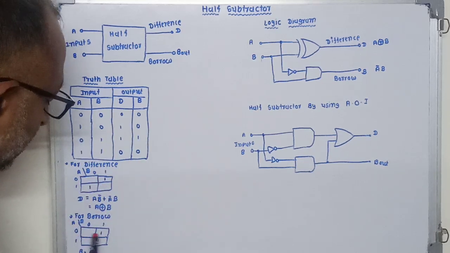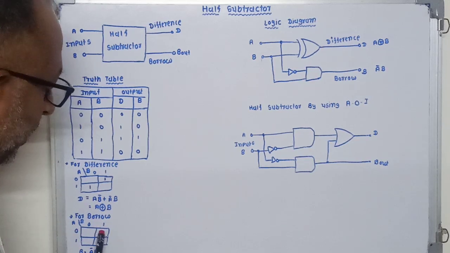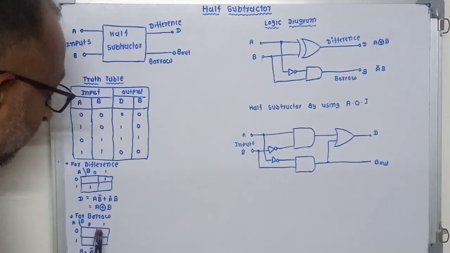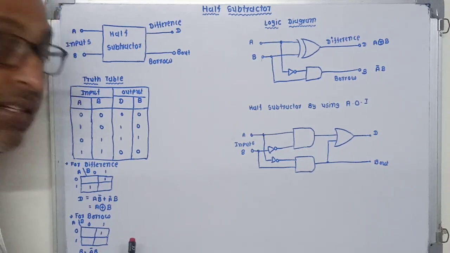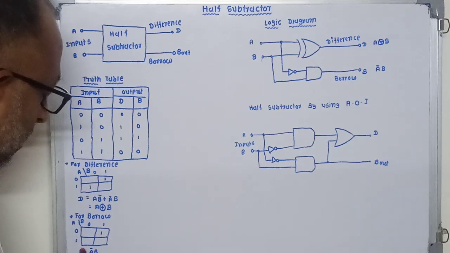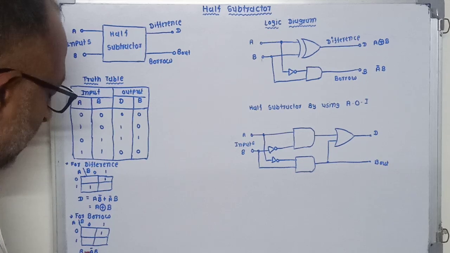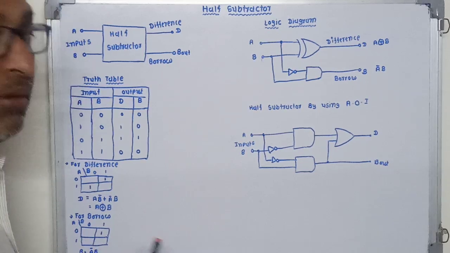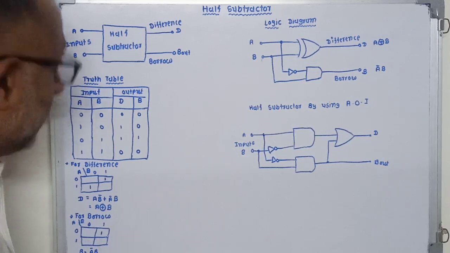So I can put 1 here, because A is 0 and B is 1. Now from this K-map we can write the equation. The output is 1 when A bar and B signals are applied. That time we will get the borrow condition or borrow output. So here I can write A bar into B.